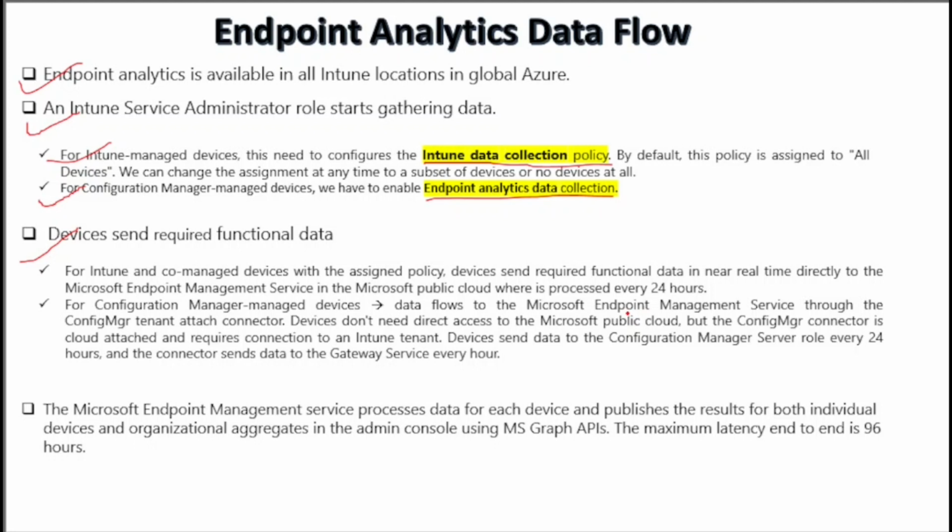Devices send data to the Configuration Manager server role every 24 hours, and the connector sends data to the gateway service every hour. The Microsoft Endpoint Management service processes data for each device and publishes the results for individual devices and organization aggregates in the admin console using MS Graph APIs. The maximum end-to-end latency is 96 hours.